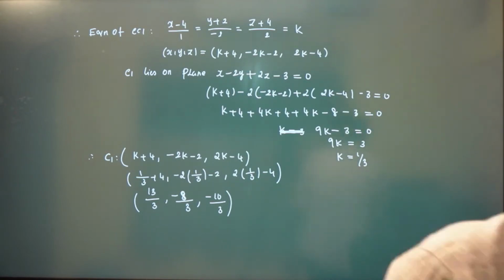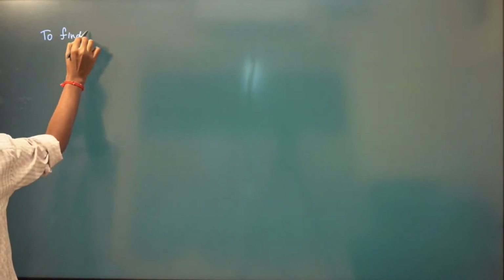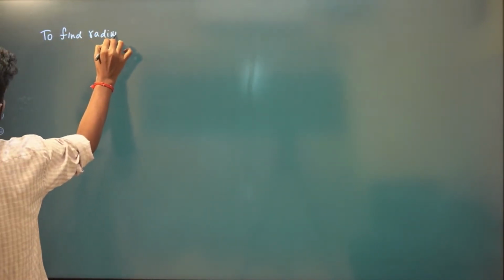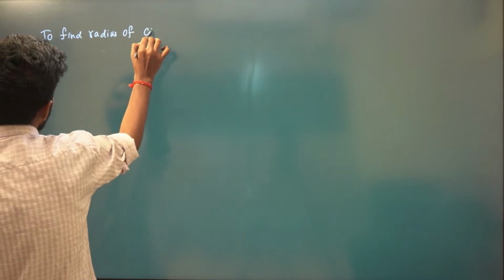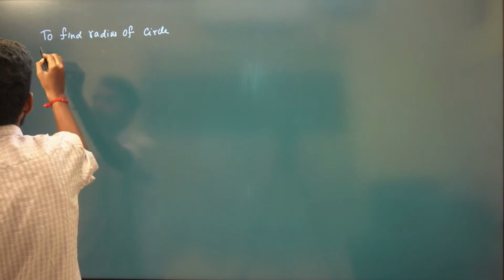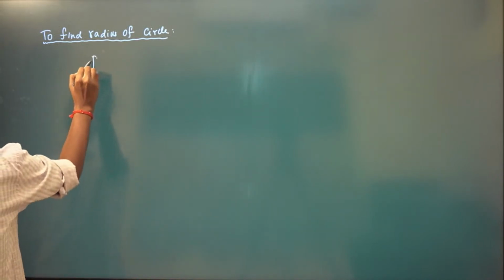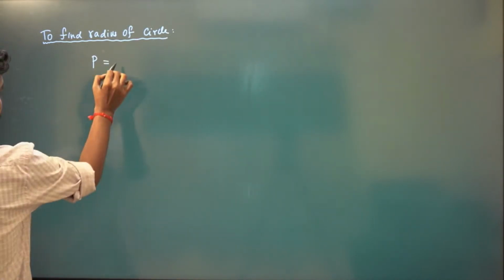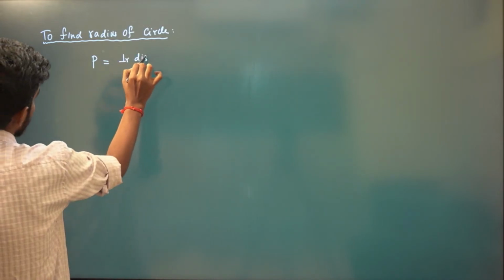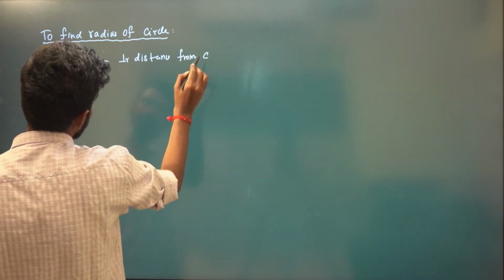Okay, now we will find the radius of the circle. Now to find radius, so to find radius of circle, first we will find P. So P is the perpendicular distance from the point C, right?